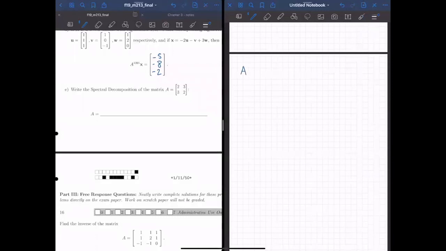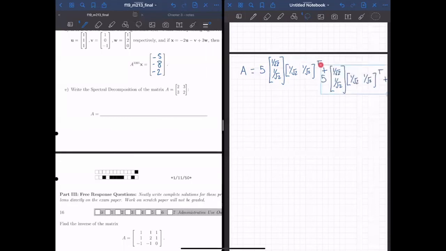So the spectral decomposition tells me that A is equal to λ1, which is 5, times u1, (1/√2, 1/√2), times u1 transpose, plus, through the magic of television, this piece here, but instead of a 5, we get a -1.